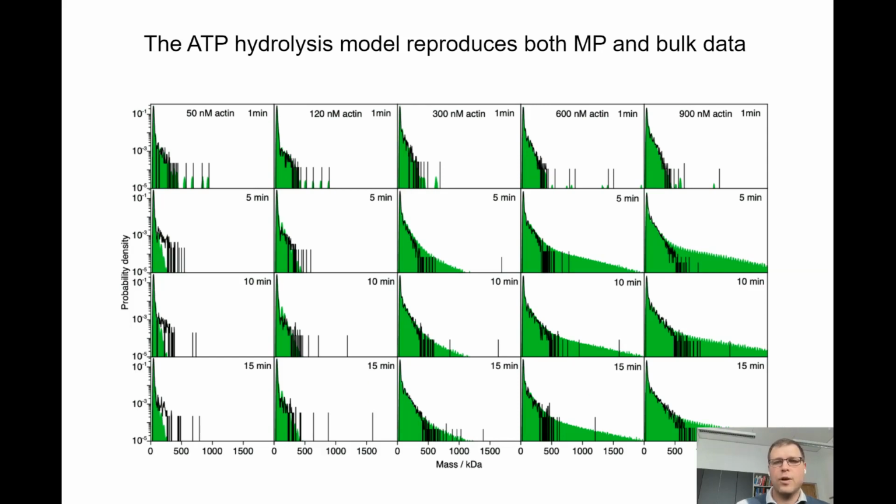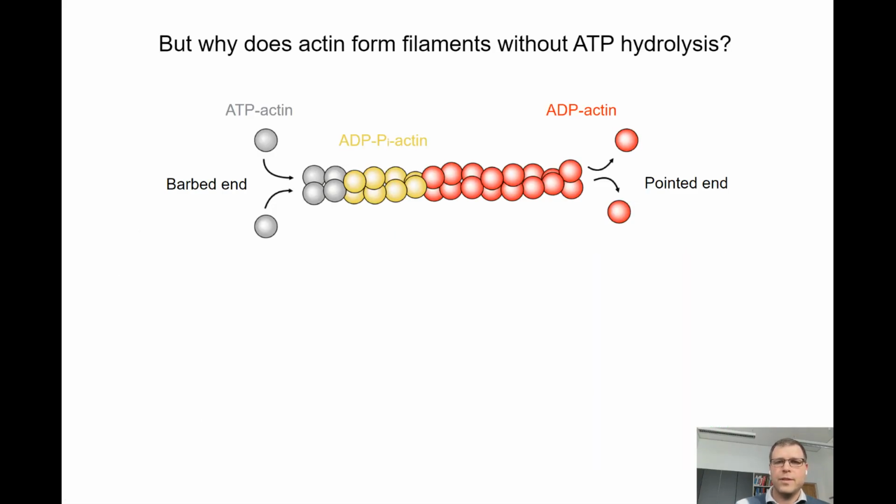So I think this worked pretty well, but there was still a drawback. And actually this came especially during the review of the paper. In fact, if ATP hydrolysis is the actual trigger of actin polymerization, how come that actin can still polymerize without ATP hydrolysis?